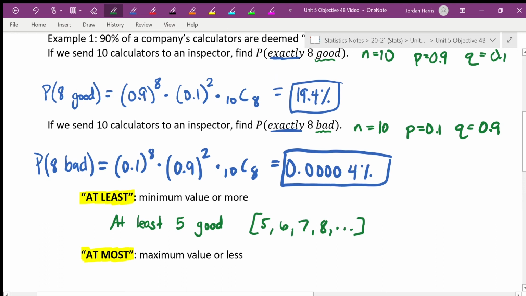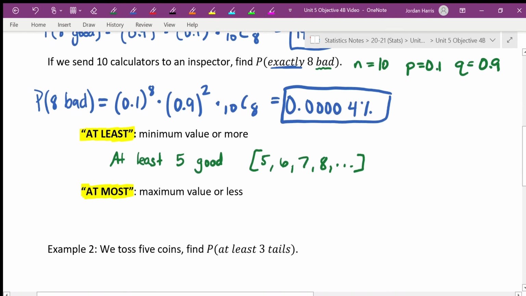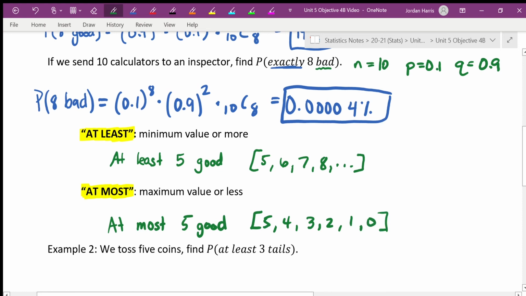We'd have to find 3 probabilities to be able to get to this answer. At most is that value or less. So at most 5 good, that means we would be finding 5, 4, 3, 2, 1, and 0. Don't forget, 0 is the bottom end. You can't ever have negative of these. So 0 is the end. And don't forget about 0. So many people forget about 0.